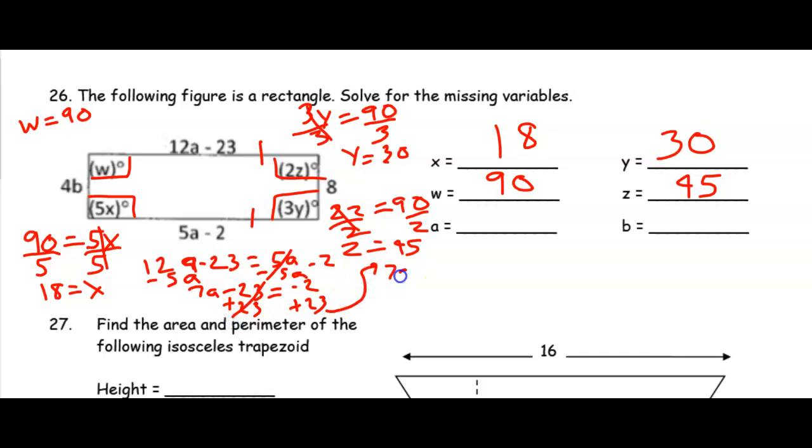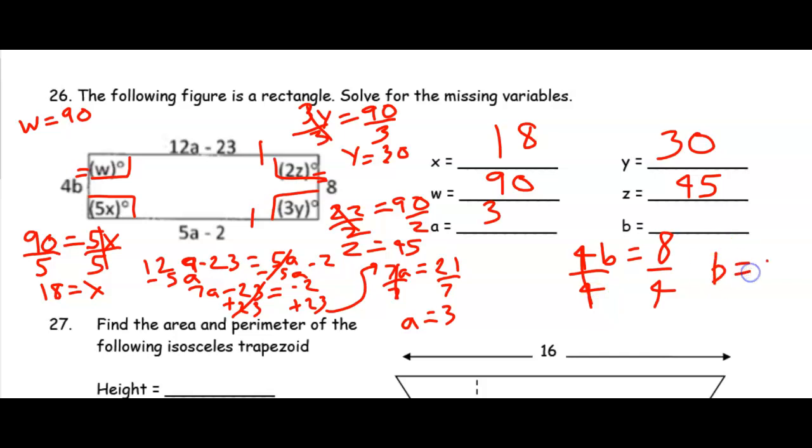So that's going to give me 7a equals 21. Divide by 7, and a equals 3. And then for b, again, opposite sides are equal. So for b equals 8, well, just divide by 4. So b equals 2.